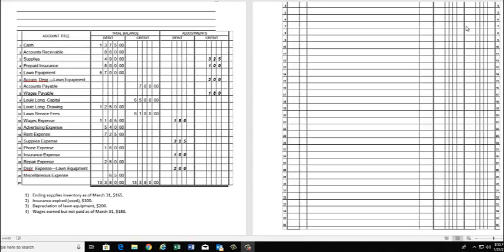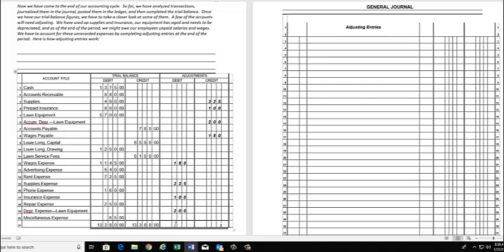So these are four adjustments typically made for a business at the end of the period. Next, we need to total our worksheet columns to make sure that debits equal credits. So debits totaled $805, and our credits also totaled $805. So we know we're in balance.